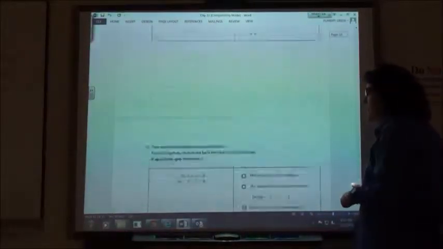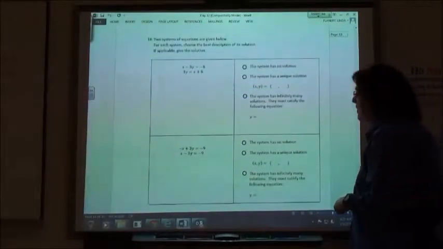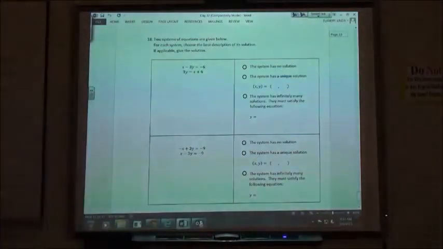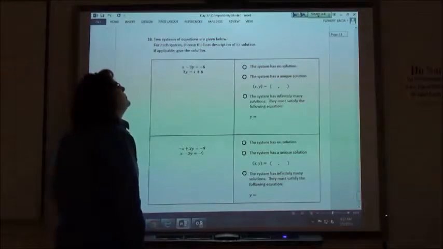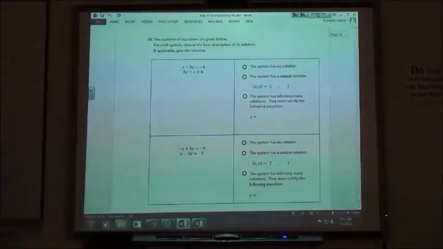All right, one last one here, number 18. We don't have that bottom equation in the right order. We want it to look sort of like the top equation.